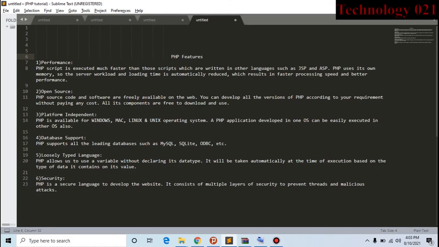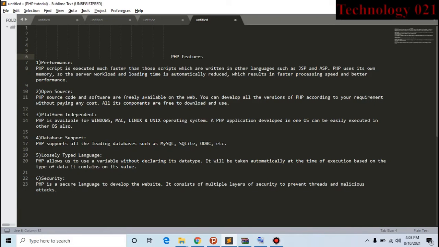Now let's understand some important features of PHP. The first and most important feature of PHP is performance. PHP script is executed much faster than scripts written in other languages such as JSP and ASP.